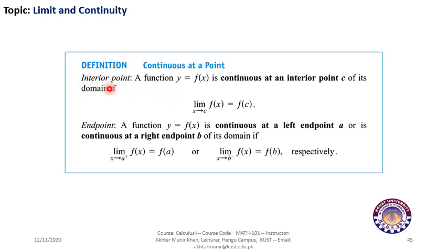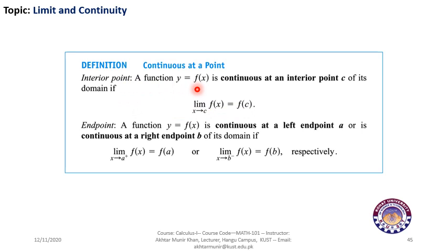This point is in between the two endpoints of the domain. The domain may be a closed interval or a half-closed, half-open interval. So an interior point is in the interior of the interval.